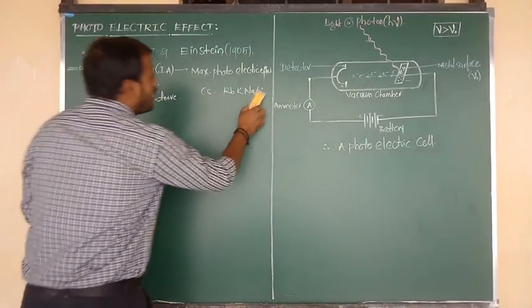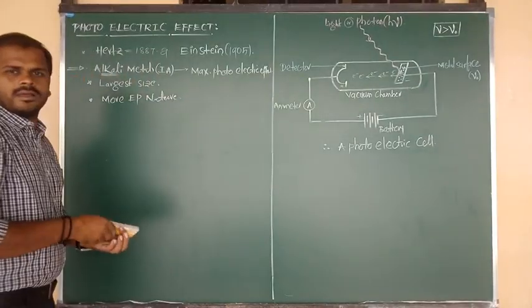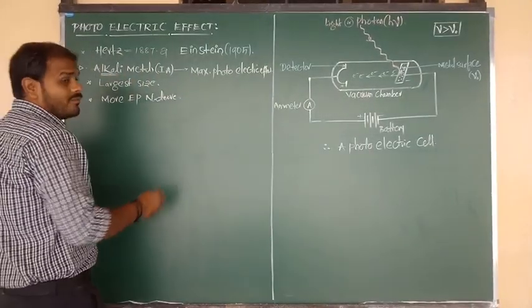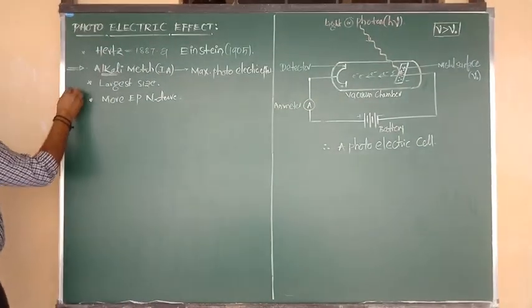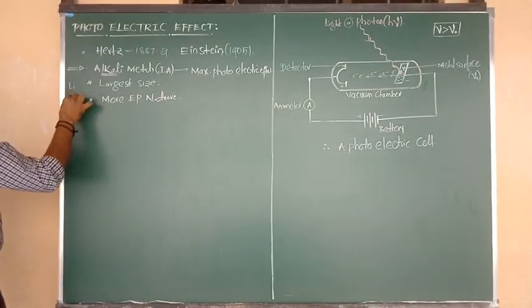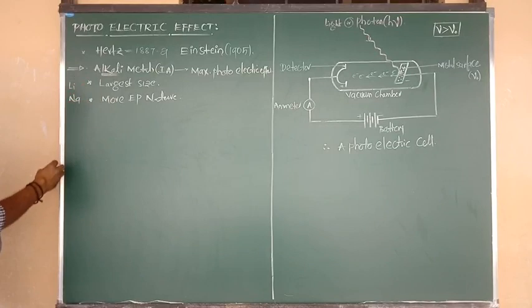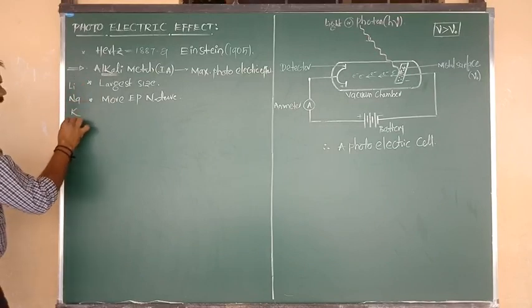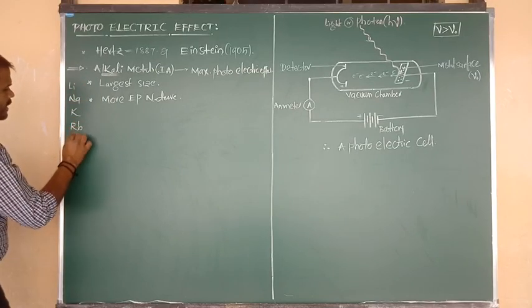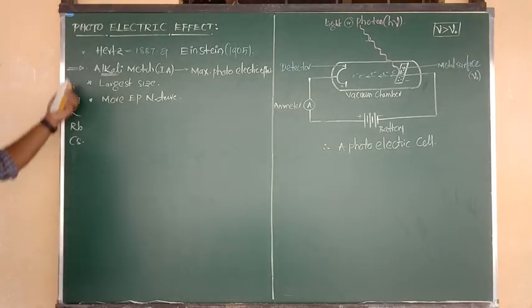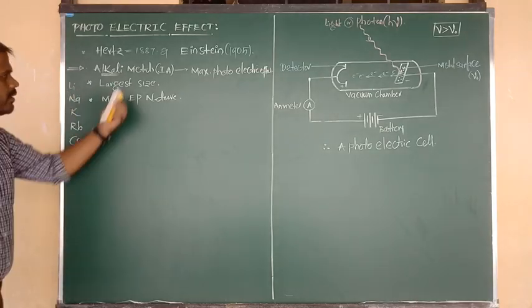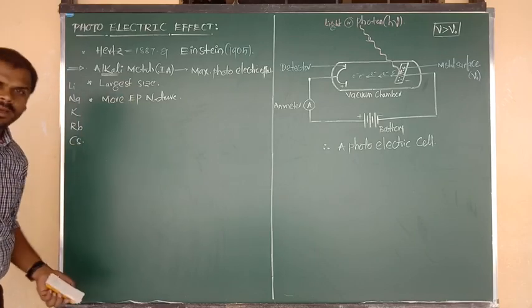So all these are what, Nana? 1A group metals, which contain large size from top to bottom. Once again: lithium, sodium Na, potassium K, rubidium Rb, and next Cs, cesium. All these are 1A group metals. They contain large sizes and more electropositivity.